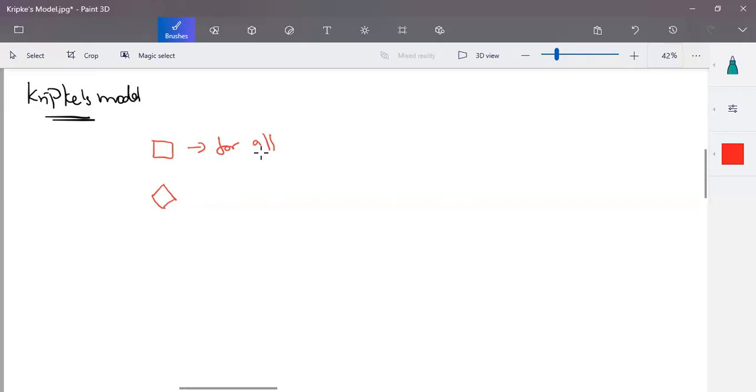The diamond shape represents for some: if a formula is satisfied for certain criteria, we can use the diamond shape. The square shape is for all criteria: if the given formula works for all of them, we can use the square shape.